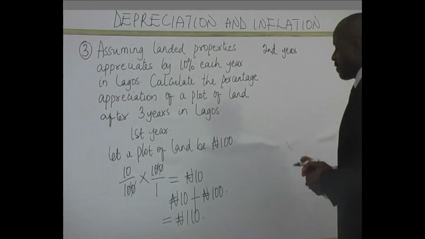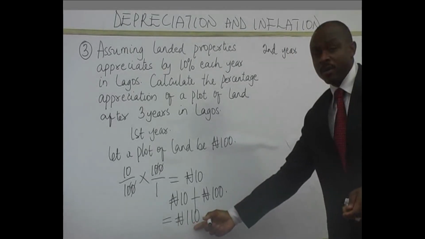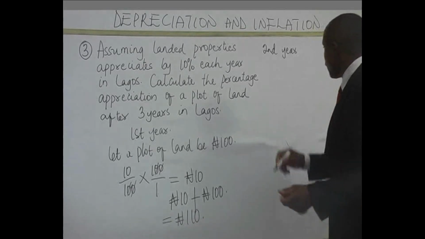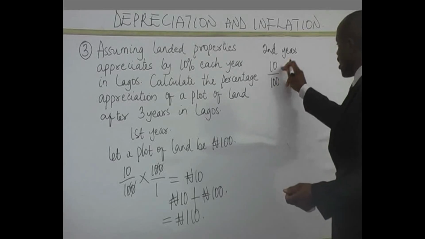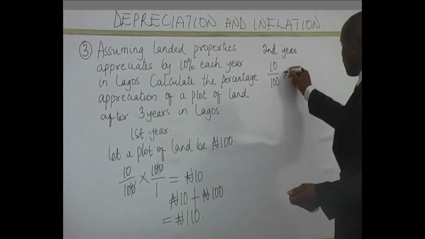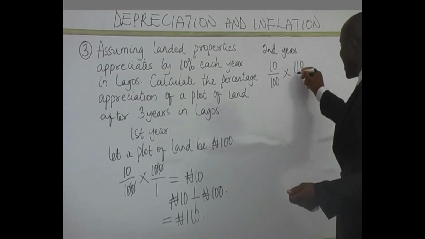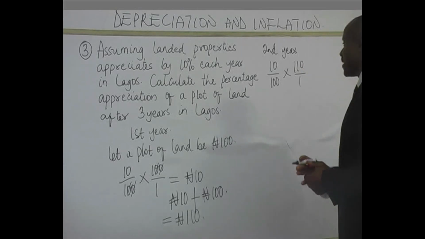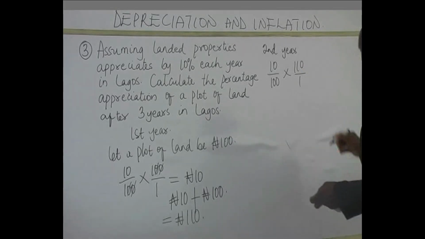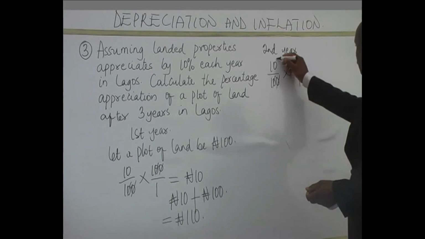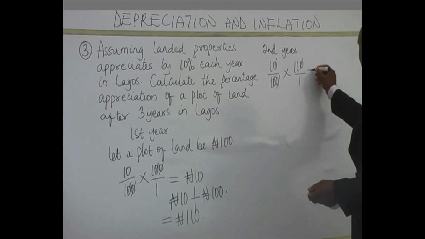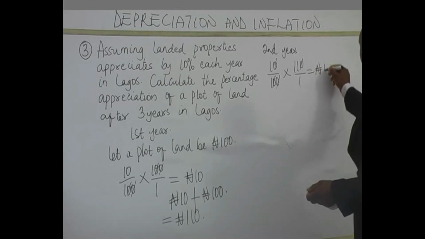you discover that this is now the value of a plot of land, no more 100 naira. 10%, that's 10 over 100, of now 110 naira, which is the value of the land now. It's going to give you 11 naira.